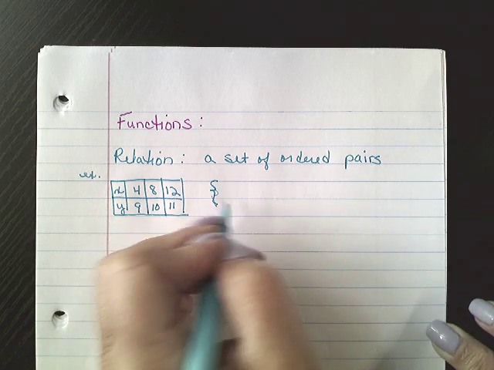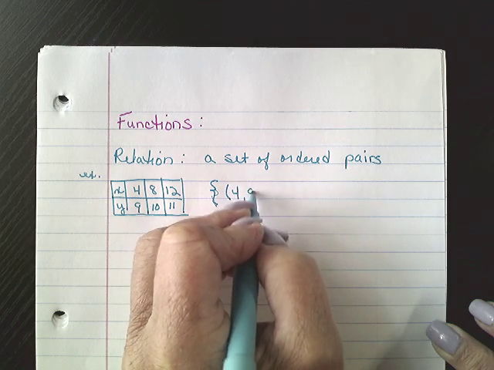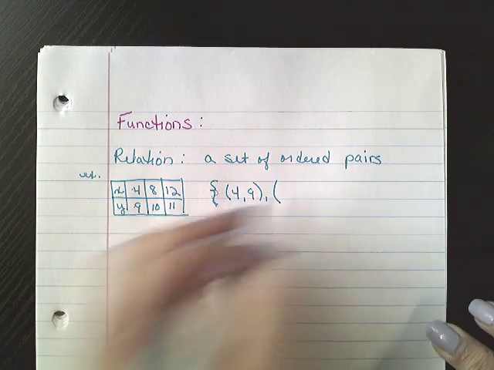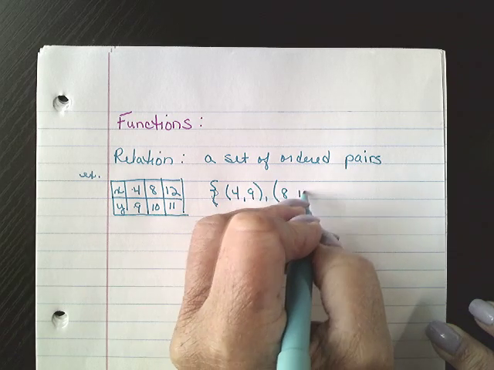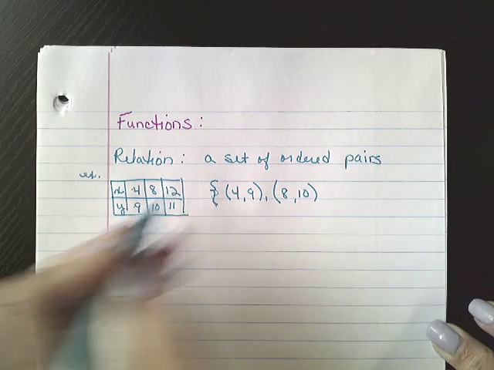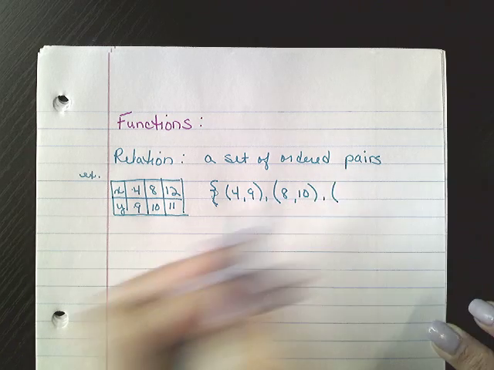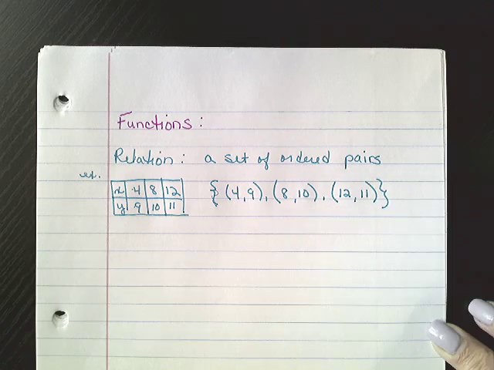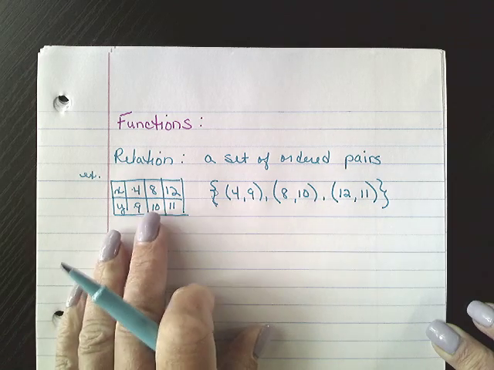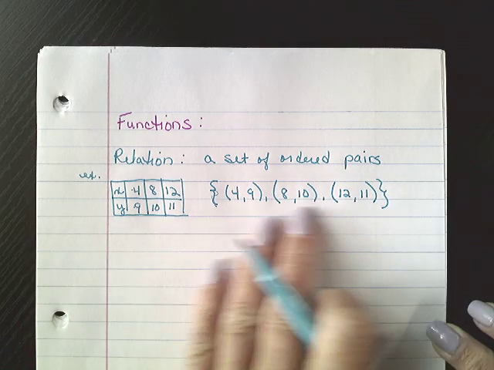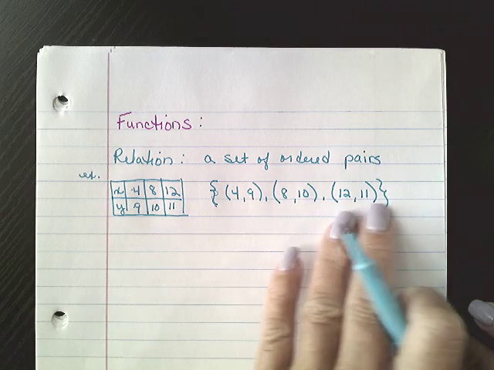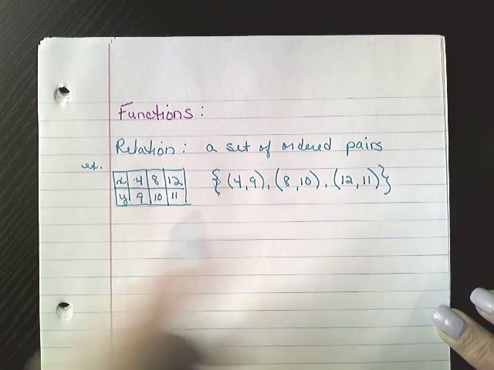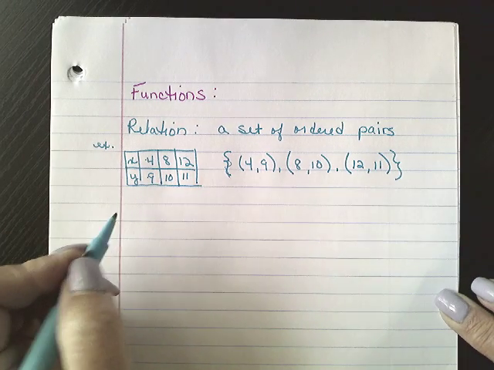Keep those ordered pairs together, so that would be (4, 9). 4 is x, y is 9. The next one would be (8, 10), and our last ordered pair here would be (12, 11). So we can set our ordered pairs up on a table, and we can write them out using brackets.